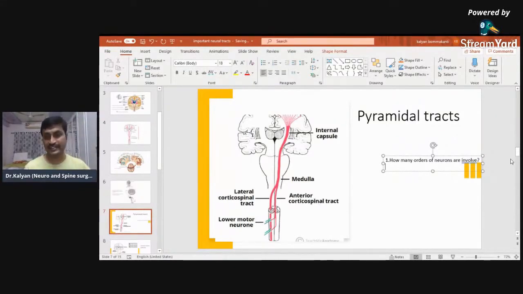I'm waiting for your answer. So how many orders of neurons? Descending tract, 2 orders. Sometimes there is an interneuron, but not very important.